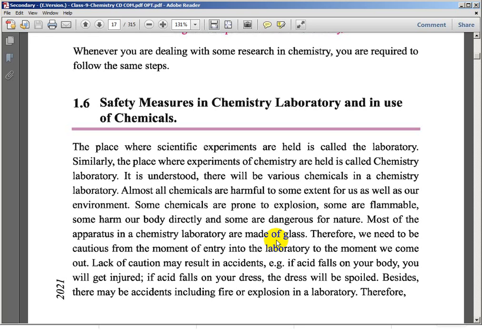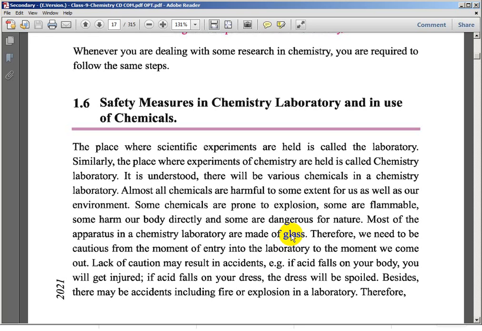Many people died instantly, and some people are still suffering, crippled. So some chemicals emit radiation. They are radioactive elements and compounds.